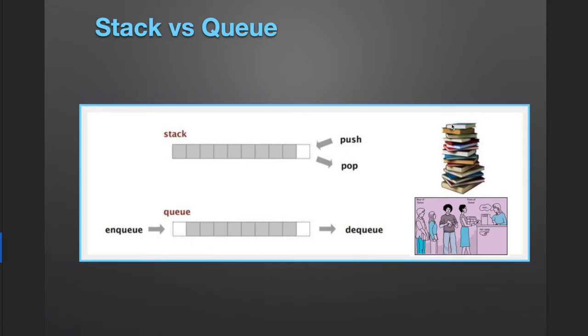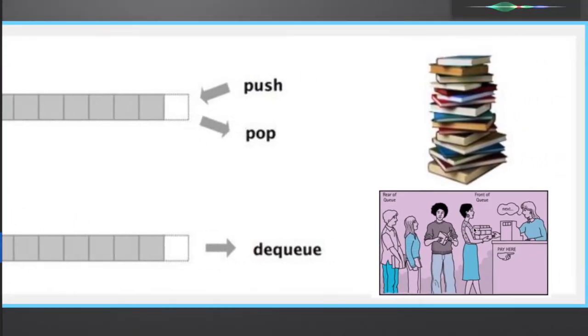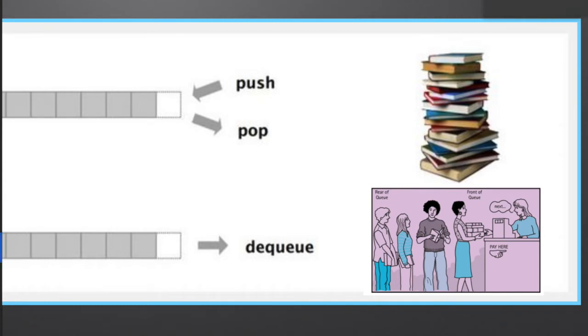Queue is a little bit different. You can think of a queue as, let's say, a line in the store. And here I have a picture. It is a queue. A queue has a front element and a rear element.